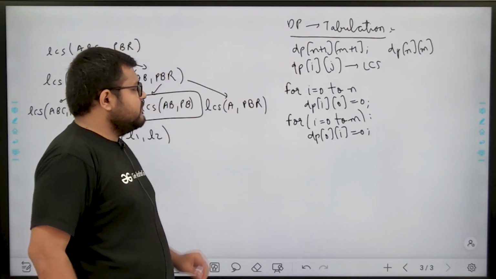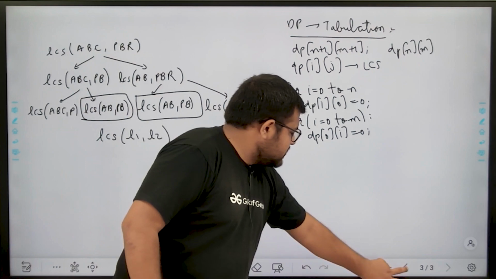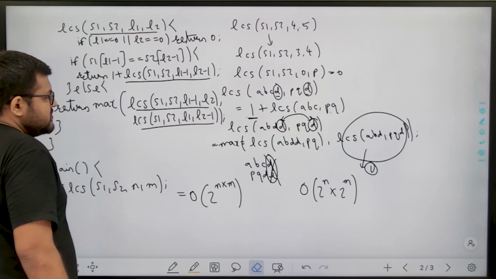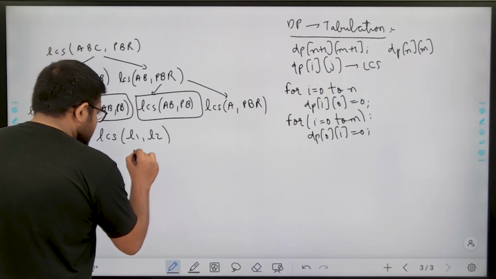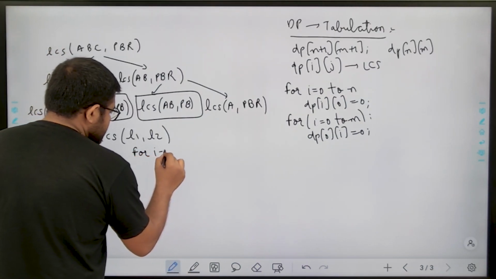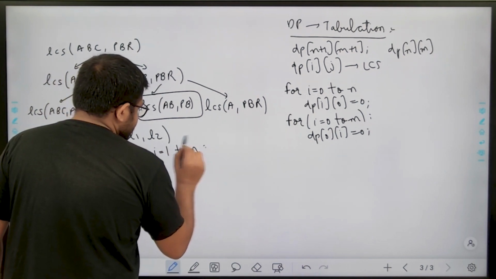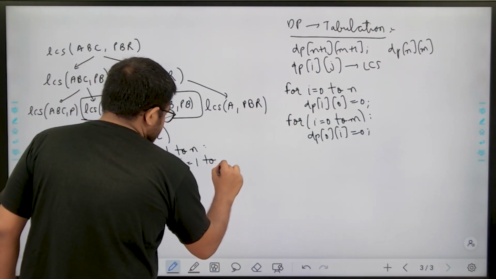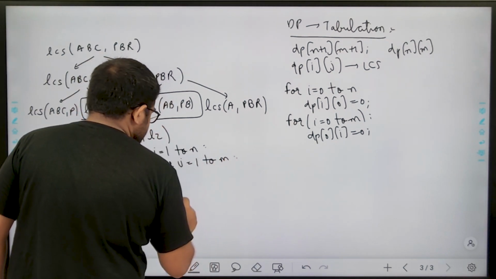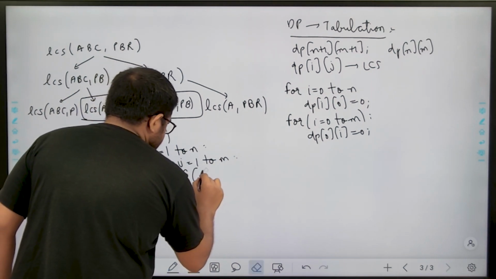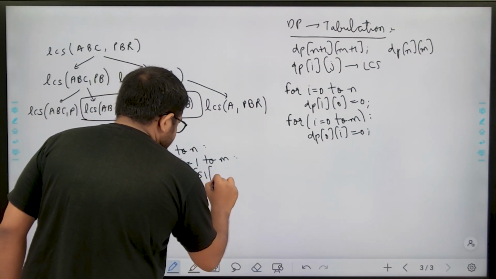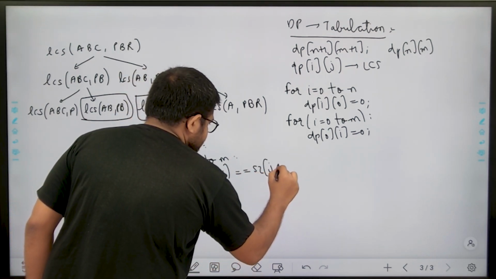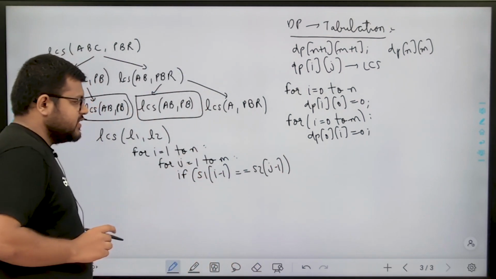Now we need to fill the remaining cells. I can fill them using these two formulas. So further I can write, for i equals 1 to n and for j equals 1 to m, if s1 of i minus 1 is equal to s2 of j minus 1, that is, if the characters are matching, we will take them into the answer.